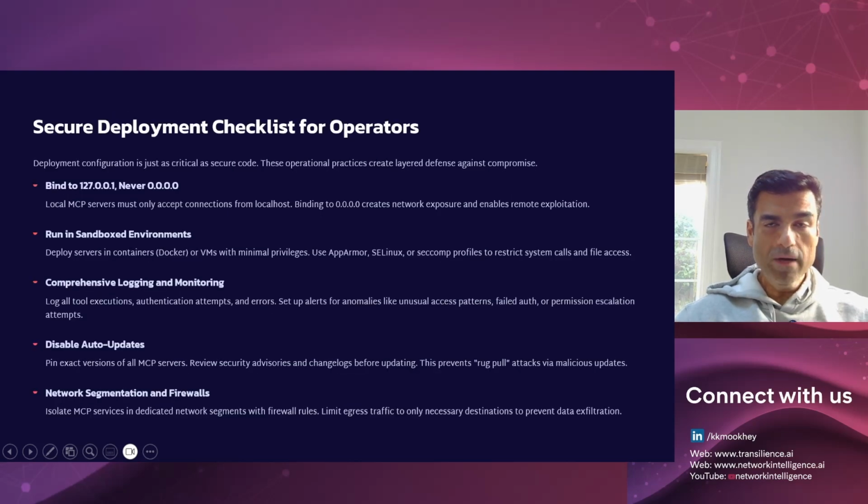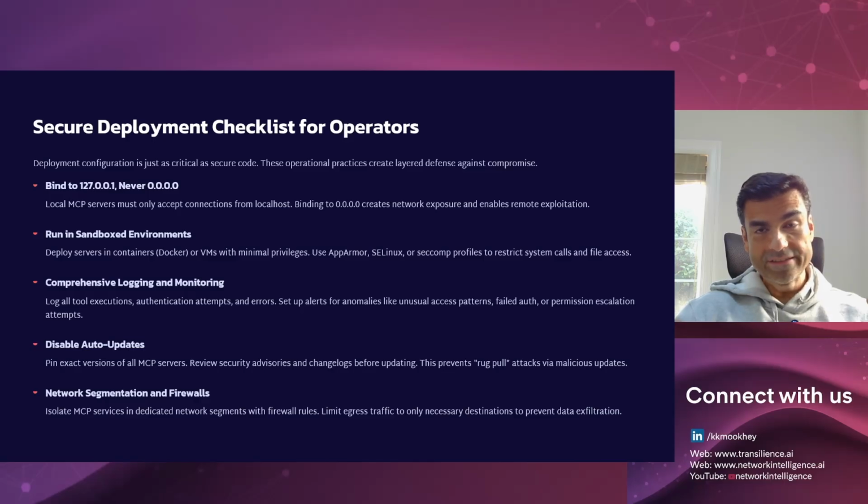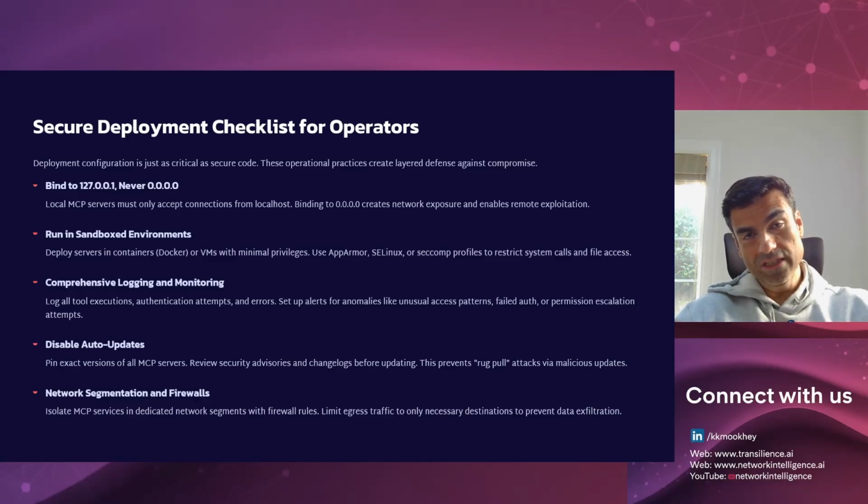Don't bind to 0.0.0.0, bind to 127.0.0.1. Run everything in containerized sandbox environments. Ensure you have comprehensive logging and monitoring. Disable auto updates. Implement proper network segmentation and firewalls, so that in case the MCP service is hacked, the attacker cannot penetrate deeper into your network.